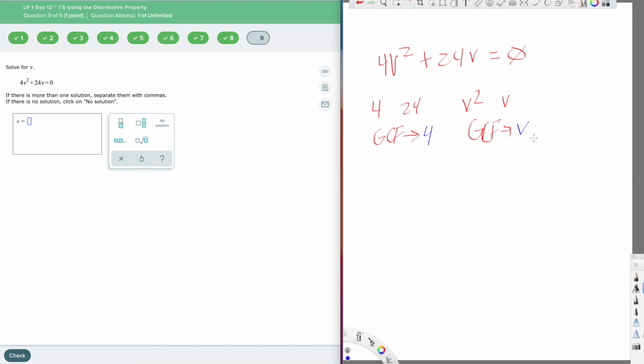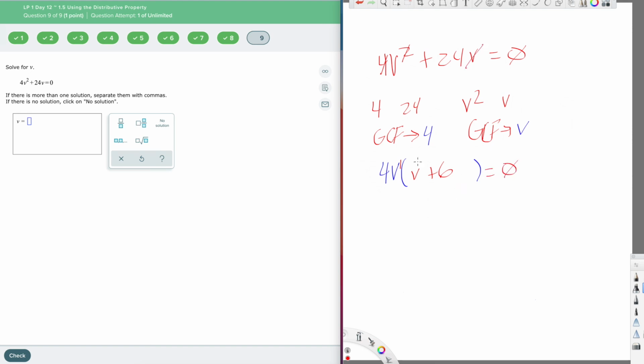All right, so I have 4v, and I'm going to factor that out. So 4v squared divided by 4v, well, that cancels. 4 divided by 4, and then 2 minus 1 gives me just 1, or just v to the first power. 1v is left over. Plus 24 divided by 4 is 6. The v divided by v also cancels out, and that equals 0.